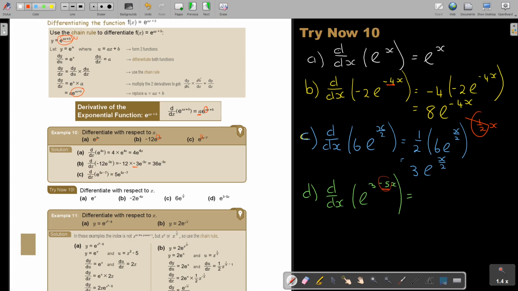Grab that sign, it's negative 5. So don't forget, I will say negative 5 e to the 3 minus 5x. And what will be my final answer? Negative 5 e to the 3 minus 5x. And that is my final answer. And that's how you do the basic ones.